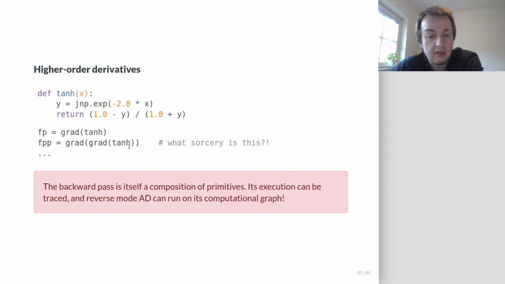So if you get the graph of that, you can run automatic differentiation again on this graph, even though this graph is itself describing a run of automatic differentiation. That's exactly how it's done. The backward pass itself is a composition of primitives, and its execution can be traced, so reverse mode automatic differentiation can run on its own computational graph. That's how you obtain these higher order derivatives.